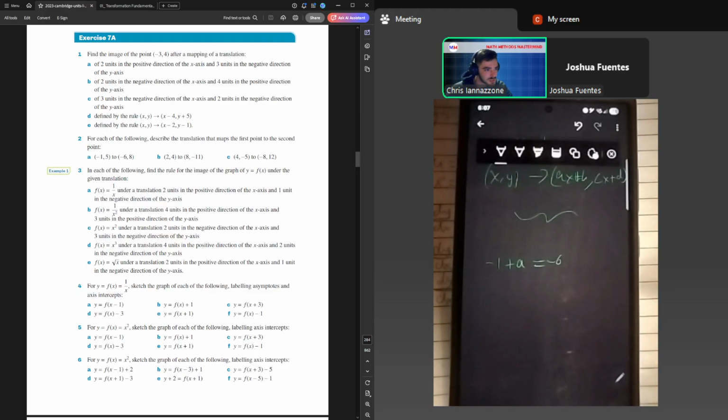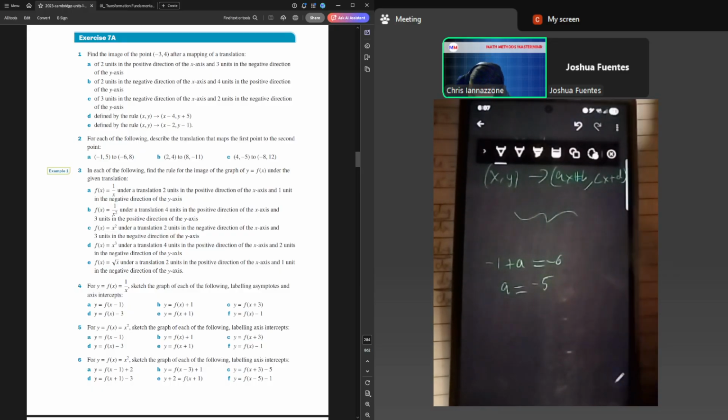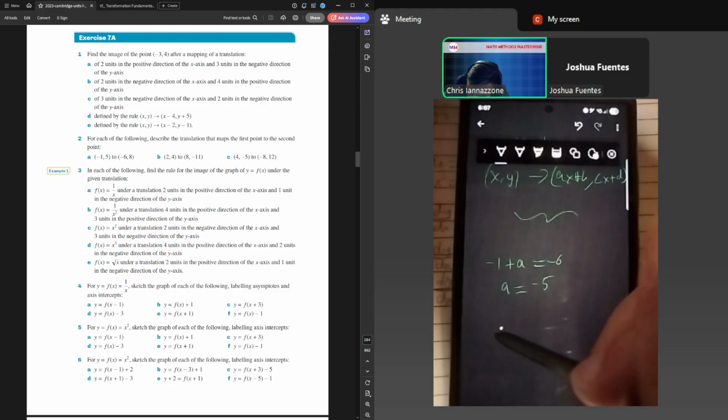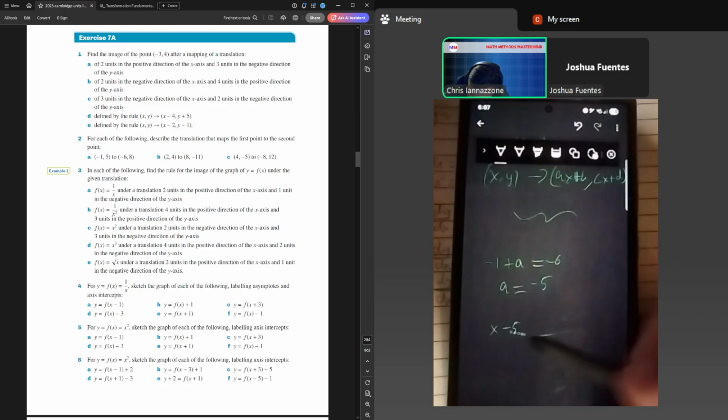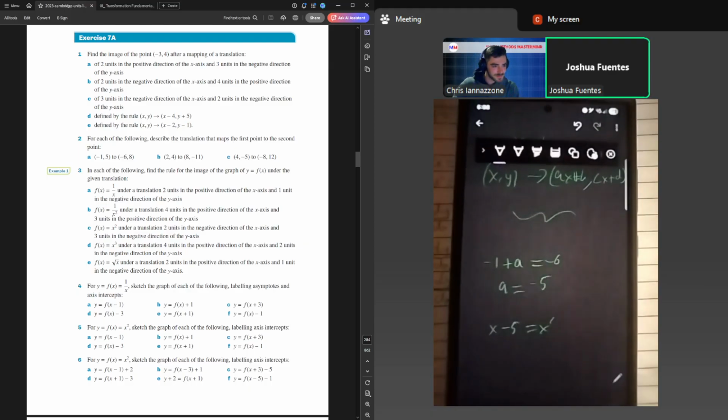Translations are always plus or minuses. So when you do your rearranging, a equals -5, and so therefore your transformation is now x minus 5. That's your x dash. And if you were to describe that in English, the words they use in the book is shifting in the negative x direction by 5, but we would know that it's just go left by 5. Cool with that?